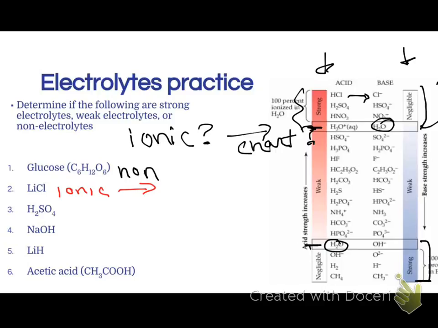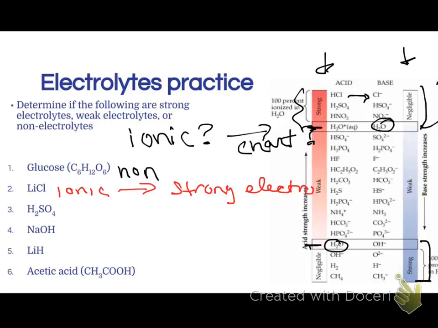So if this is ionic and it's soluble, that means it's going to form its ions when you put it into water. That means it's going to be an electrolyte, and if it is ionic, it has to be a strong electrolyte. We didn't see any weak ionic compounds.